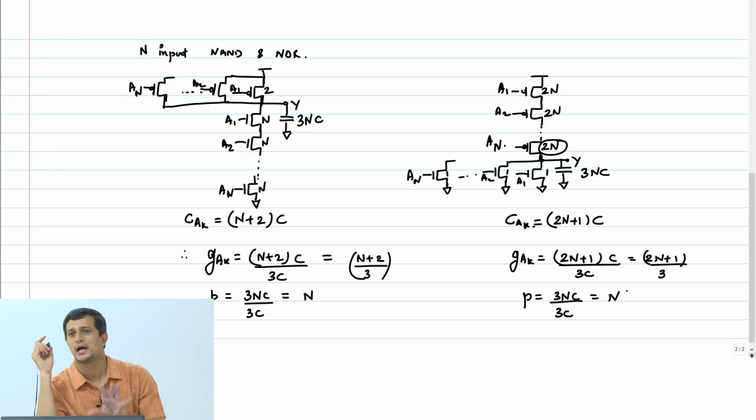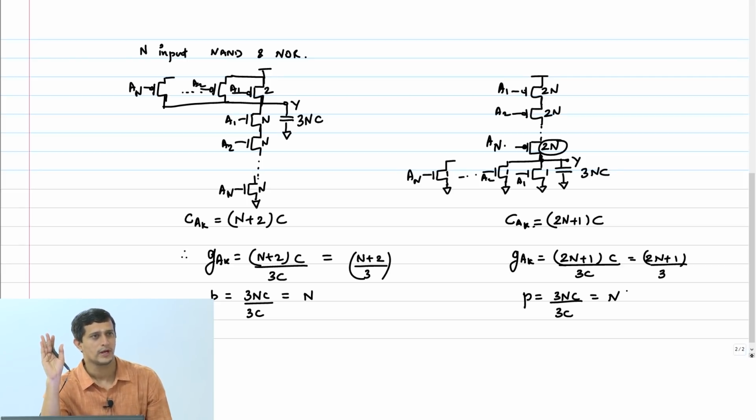The moment you have a large stack, your logical effort will go up, your parasitic delay will start going up significantly. Okay? This approximation doesn't hold there, counting just the output diffusion capacitance. You have to calculate the actual Elmore delay, right? This approximation is also assuming that the stack is not very large. Okay?